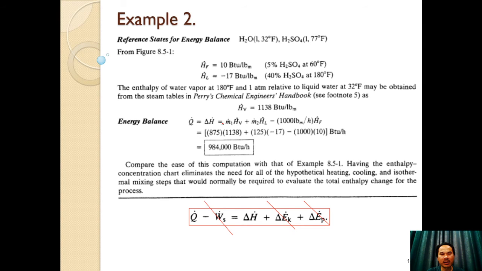The enthalpy of water vapor at 180 Fahrenheit, relative to liquid water at 32 Fahrenheit, may be obtained from the steam table. Either from the steam table, the vapor phase SV is about 1,138 BTU. And then you can calculate Q. Q equals delta S. Delta S equals the summation of MiSi of output minus MiSi of input.